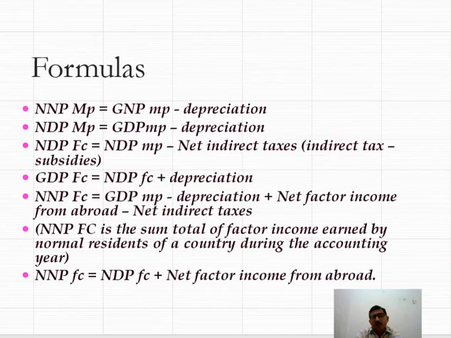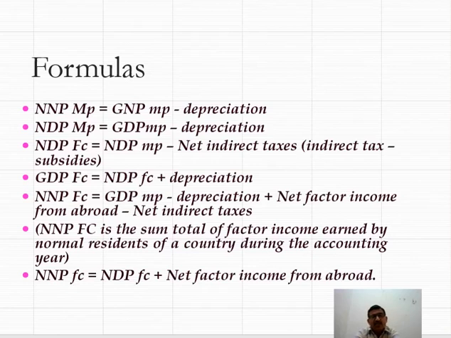Now there are certain formulas to convert GDP into GNP, NNP into NDP, NDP into NNP. I have written these formulas in a certain manner so that you can easily appreciate them. Suppose you have to find the net national product at market price and GNP at market price is given. First of all, try to find the difference between the two terms, which word makes them different.